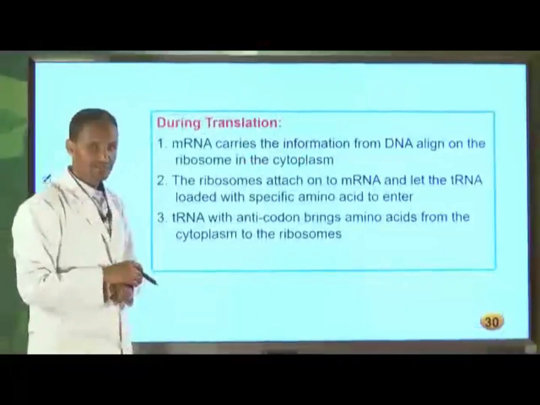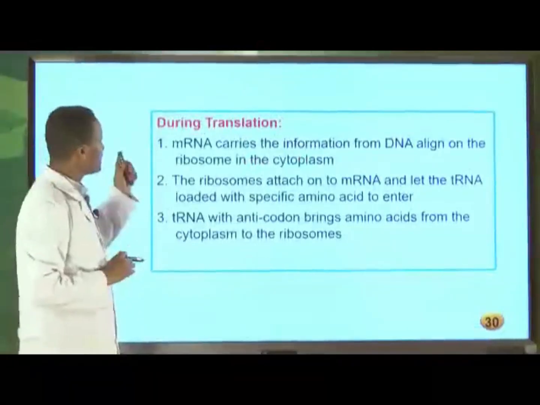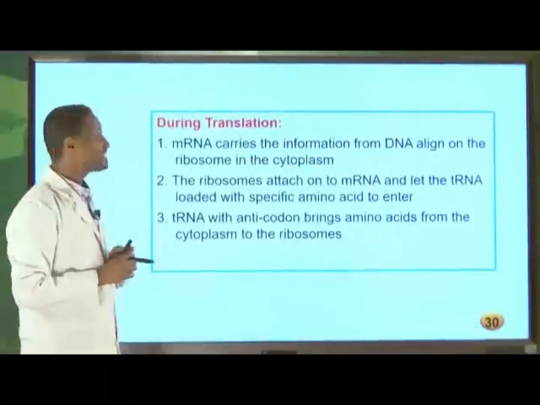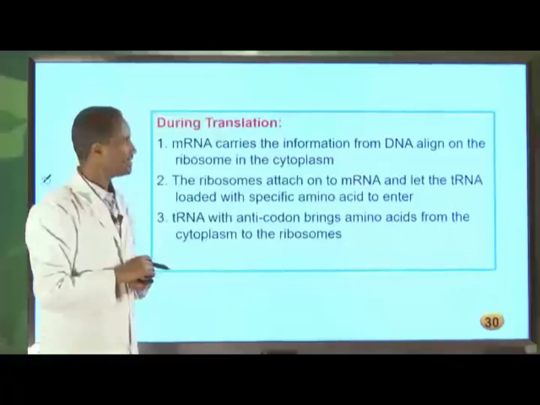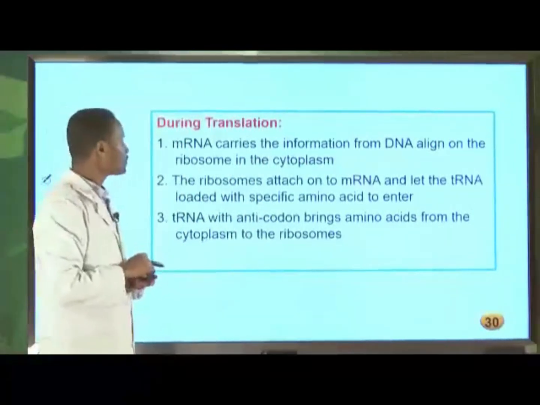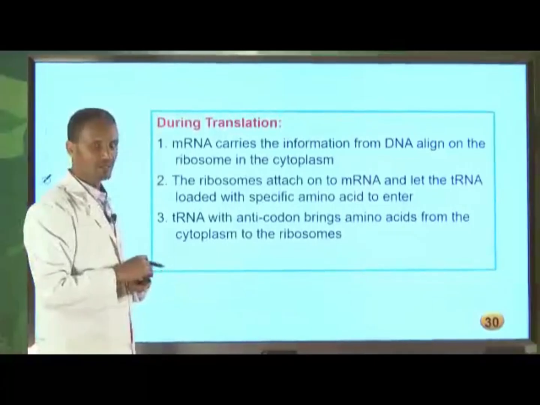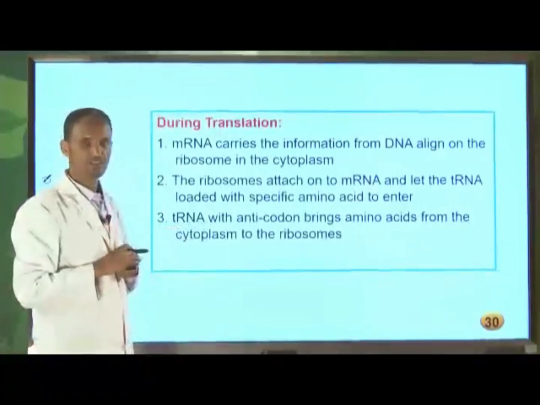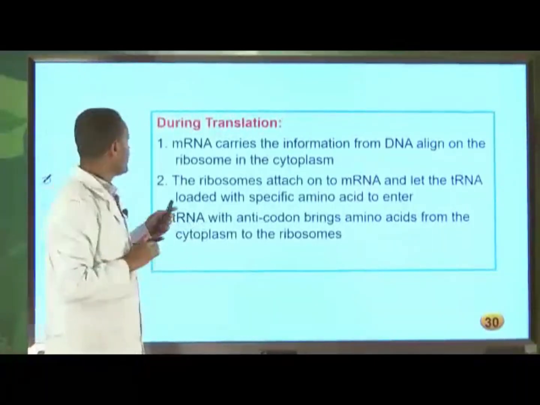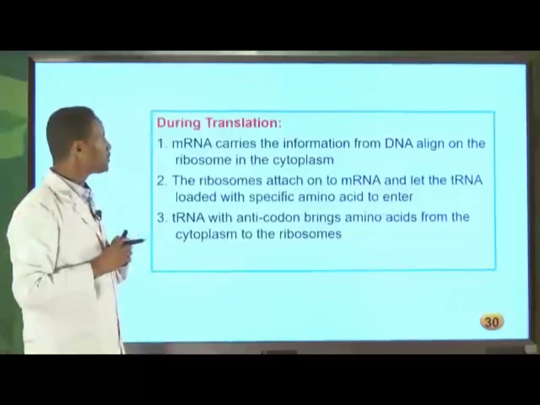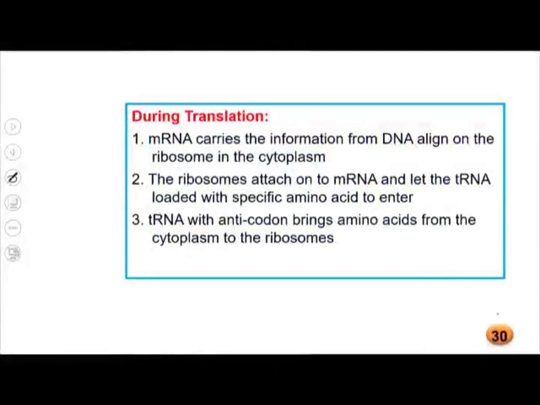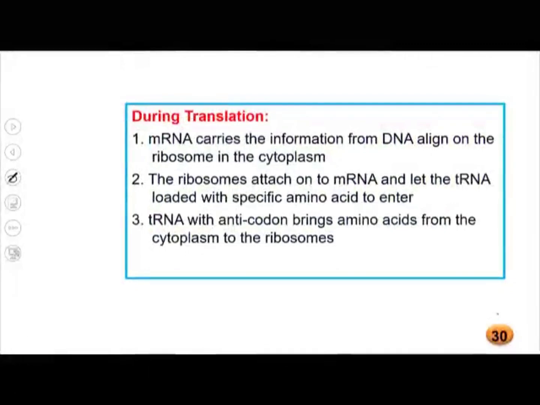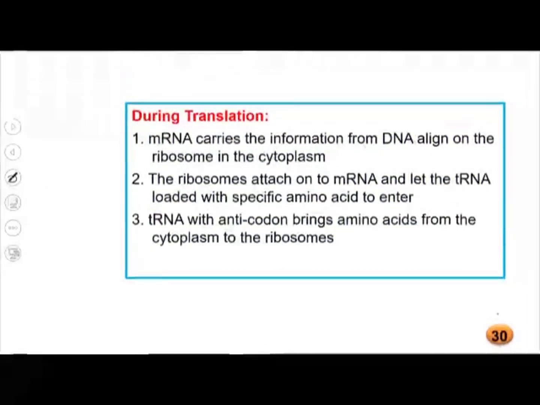During translation, the first step is that messenger RNA carries information from DNA and aligns on the ribosome in the cytoplasm, because the ribosome is found in the cytoplasm. The second step, the ribosome attaches onto messenger RNA and lets the transfer RNA loaded with a specific amino acid enter it.